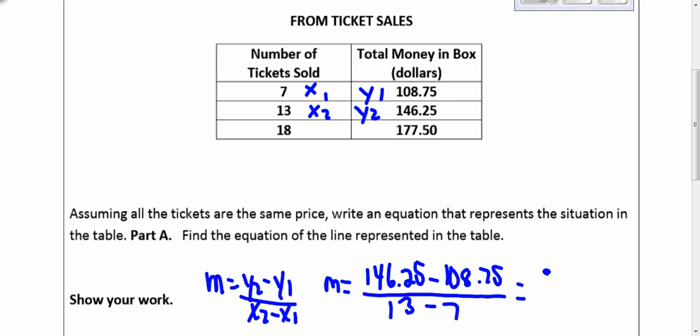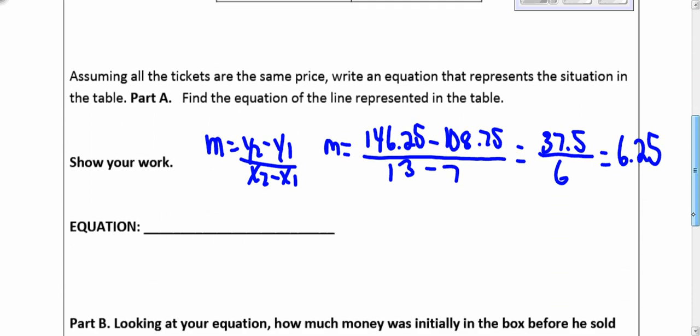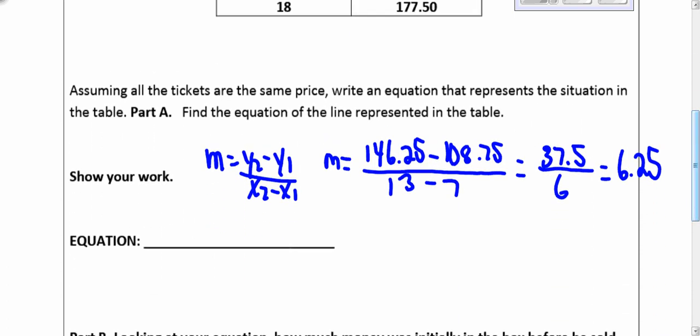So that's 37.5 over 6. And when you divide it, you get 6.25. So you have your m.